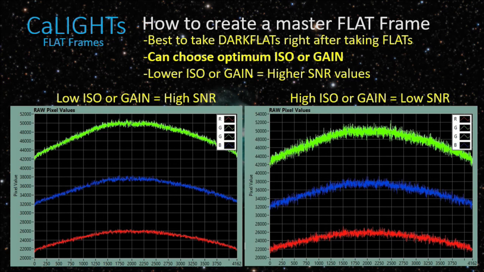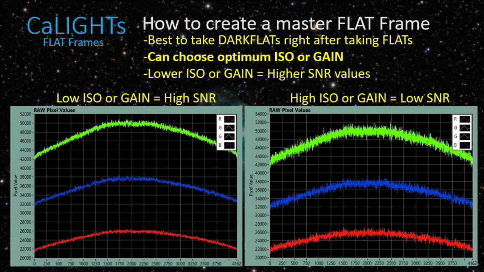Master flats are used as a percentage multiplier, so the ISO or gain they are taken at is not important as long as you use a corresponding master dark flat or bias. Also, the lower the ISO or gain that you take your flat and dark flat frames at, the higher the signal-to-noise ratio becomes in each flat frame.